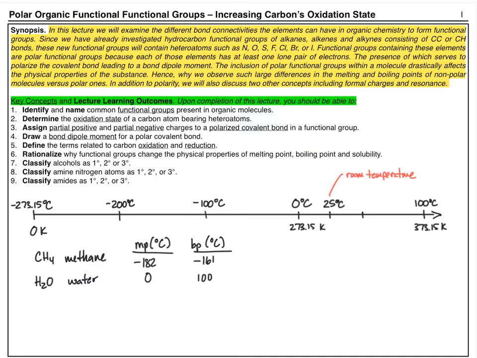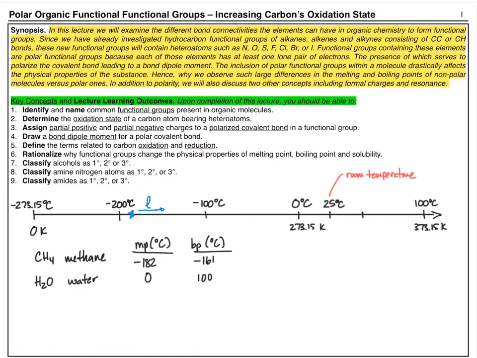So if we look at the melting point of methane, negative 182, that's around here on this scale. Then the boiling point, so we're moving this way. When it melts, this is the period between which it's a liquid.